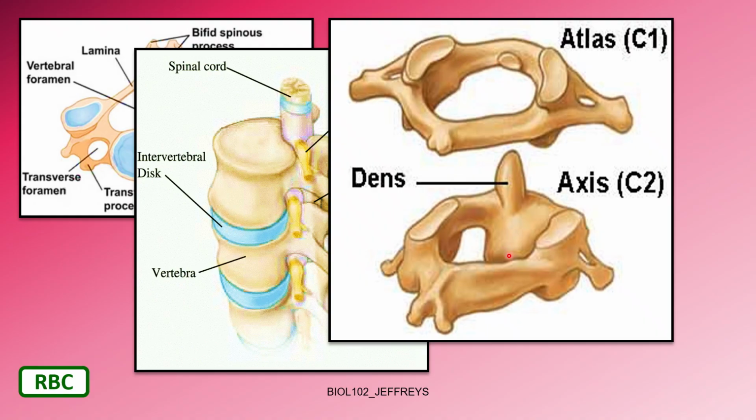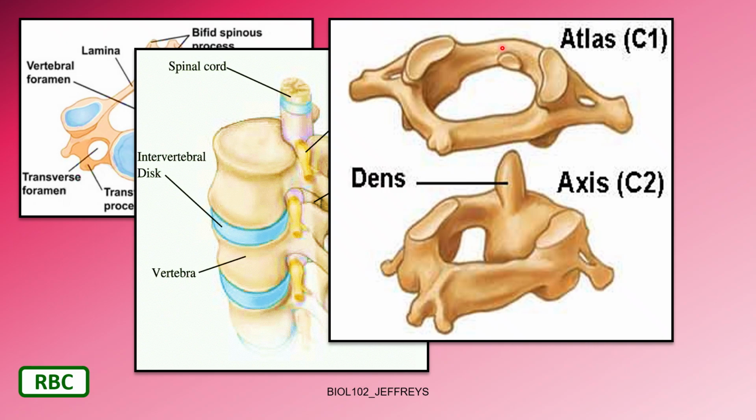And C2 is called the axis because it has this little divot up here. It's called the dens, and it fits right up here into the atlas, and that is the point of rotation. That is what allows you to turn your head from left to right and back and forth.